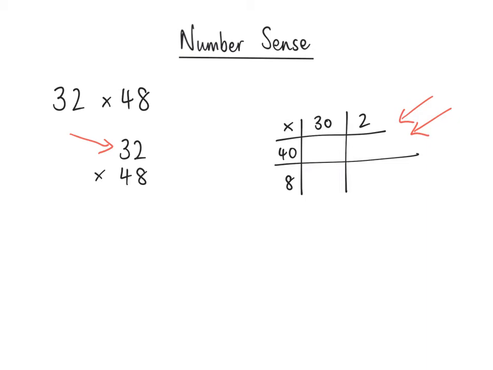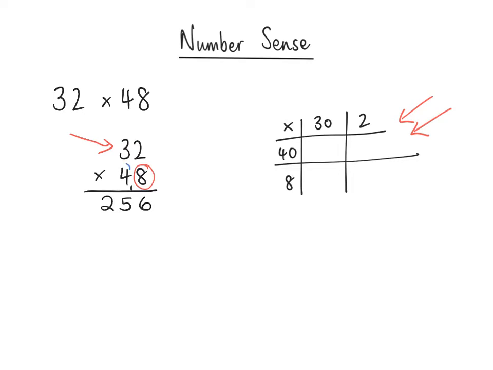However, at school, you've probably been taught this column method. The first thing I'm going to do is multiply the 3 and the 2 by the 8. So I've got 2 times 8 is 16, and 3 times 8 is 24, plus that one, 25.